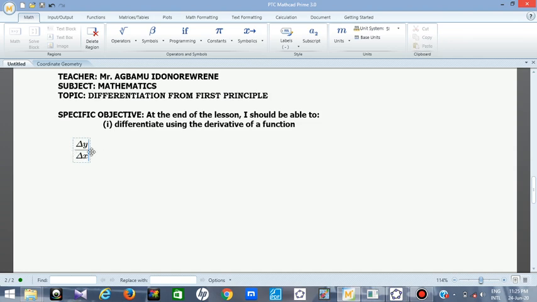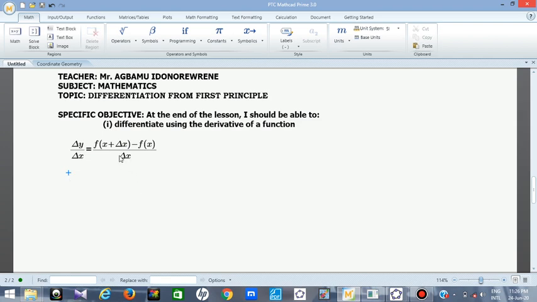Then it should be equal to: you now find the function of x plus delta x, minus function of x, then you divide it by delta x. So this was what I said in that class.